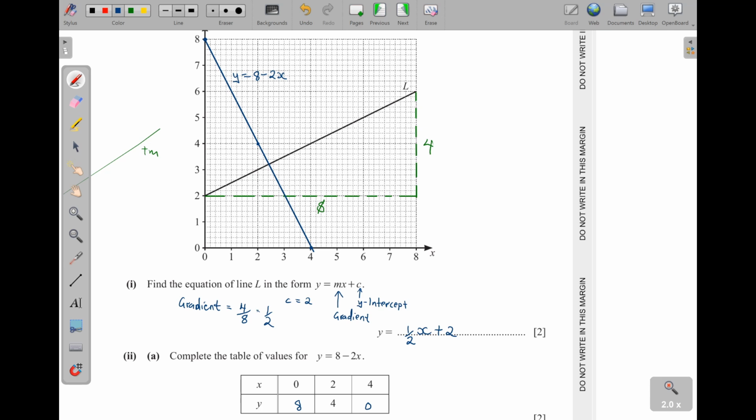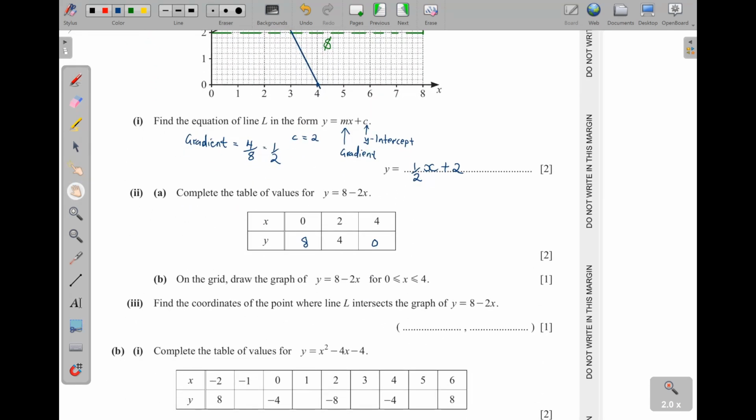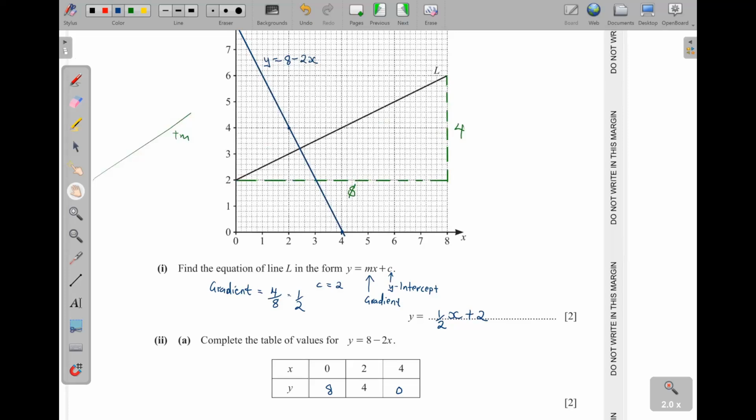Then they're saying the next thing, find the coordinates of the point where the line L intersects the graph of y is equal to 8 minus 2x. So the point of intersection is here.